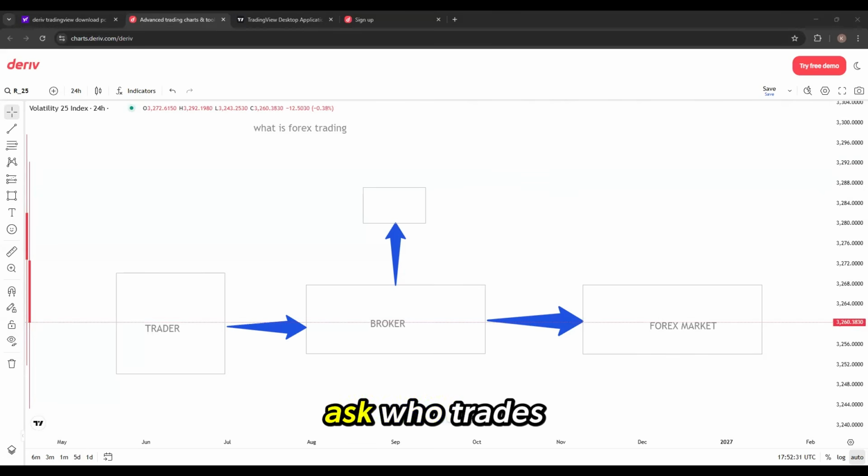Some people would ask, who trades Forex? Forex is traded by banks, it's traded by institutions, and it's traded by retail traders. And we are the retail traders, right? So when we are trading Forex, we are basically fighting against people that have bigger equities than us.